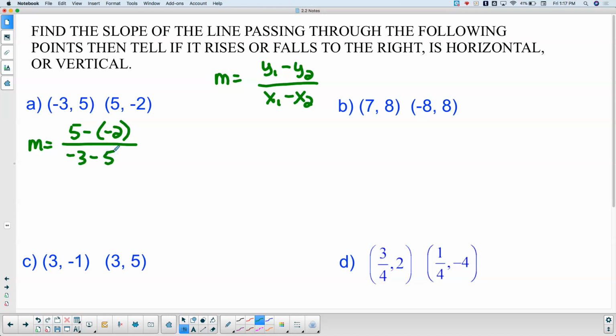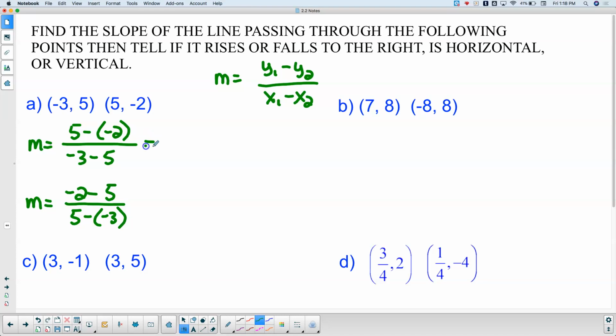If I use the y part of the left one first, I've got to use the x part of the left one first. If I use the y part of the second one first, I've got to use the x part of the second one first, then on the bottom.